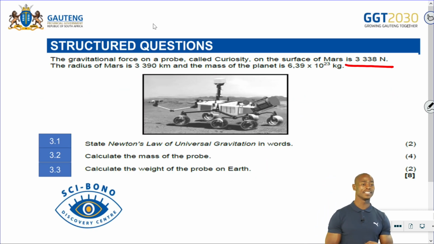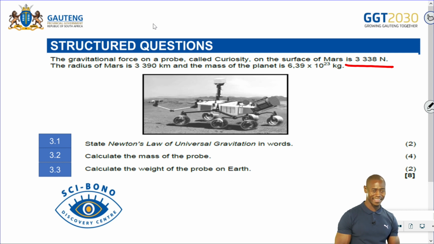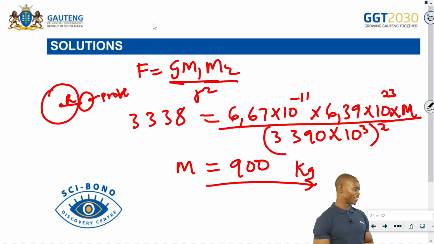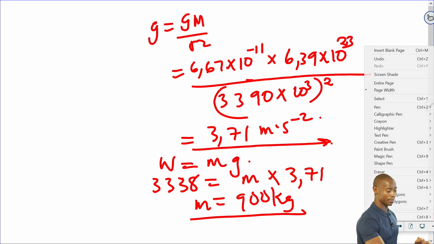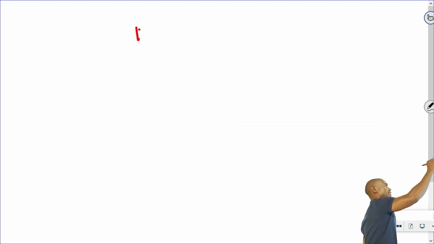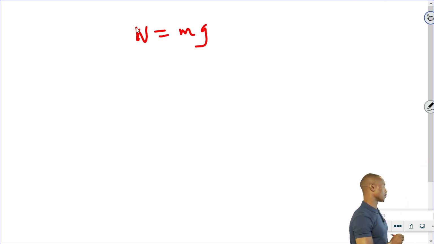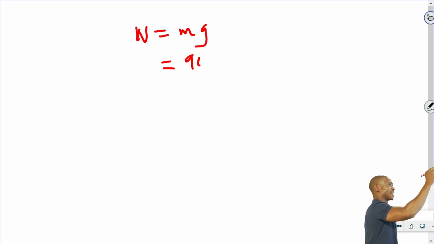Then calculate the weight of the probe on Earth. The weight on Earth is given by mg. We got the mass, it is 900.